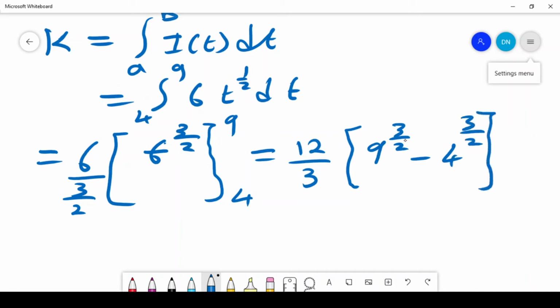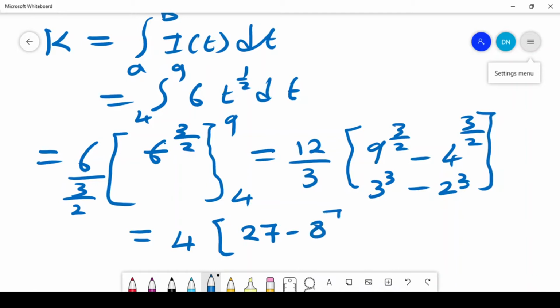So you get the square root and then you cube. So this will be 3 cubed minus 2 cubed. So that gives me 4 times, 3 cubed is 27 and 2 cubed is 8. And that gives me 19. 19 times 4 is 76.